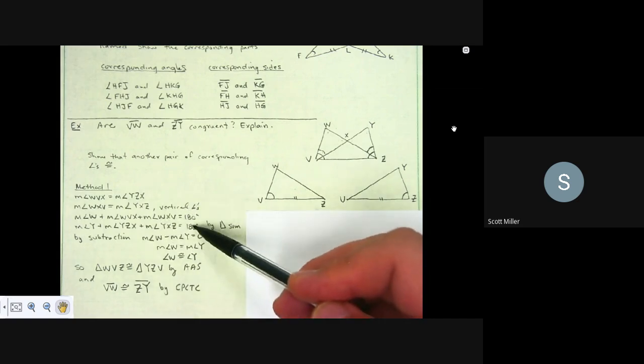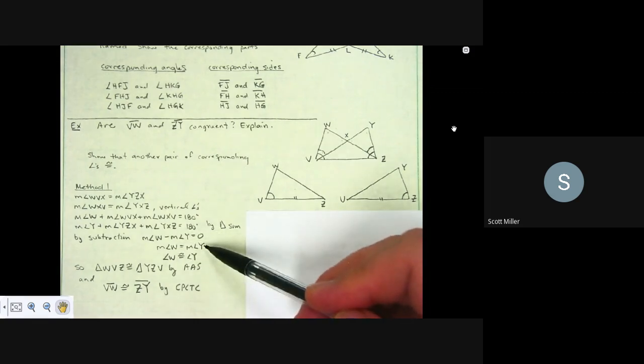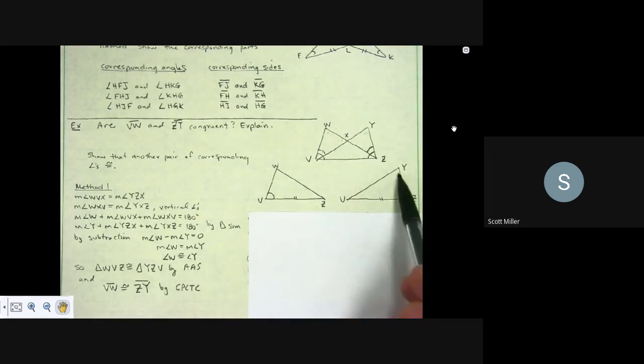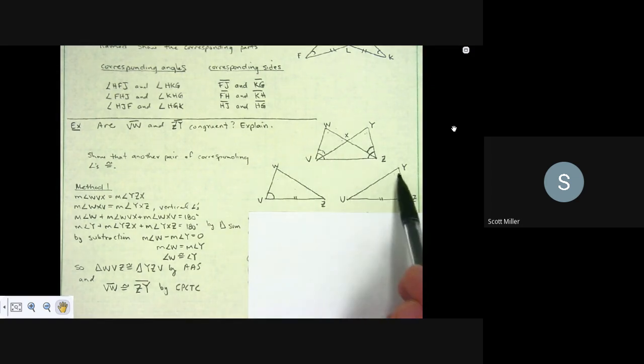And so 180 minus 180 is 0. That gives me that these two angles are going to be equal in measure, which means they are congruent. And so what that does then is it gives me these two angles being congruent. Since these two angles are congruent, that was the third piece that I needed.